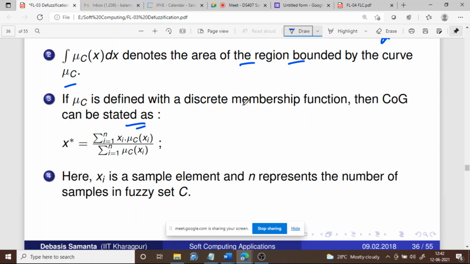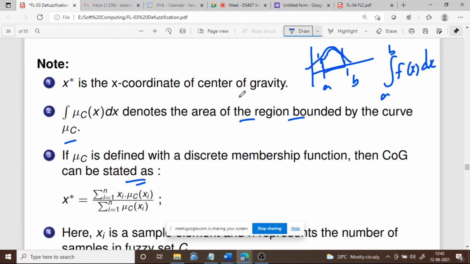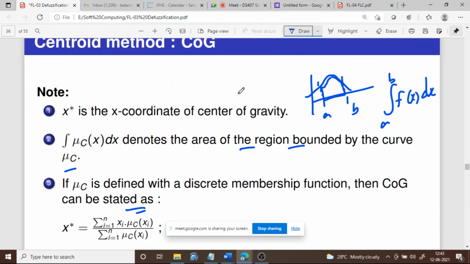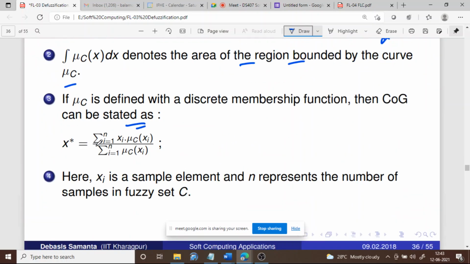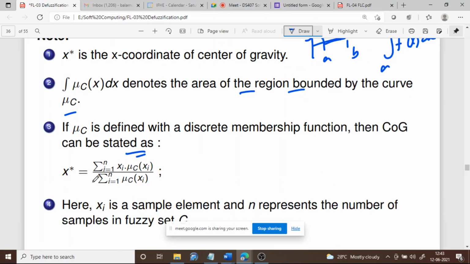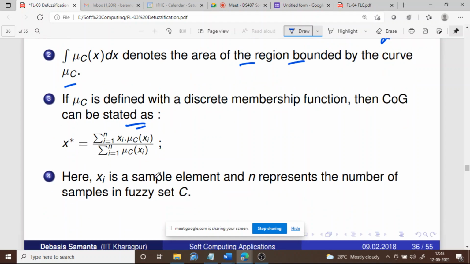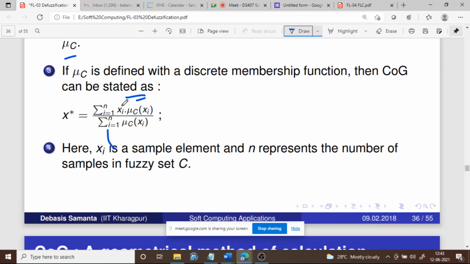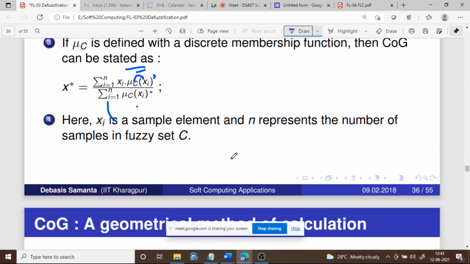If the membership function is not continuous but discrete, then x star is equal to the sum from i equal to 1 to n of xi into the membership value of xi, divided by the summation of all membership values of xi. So at the numerator we have the summation of xi into the membership value of xi, and at the denominator we have only the summation of all membership values of xi.